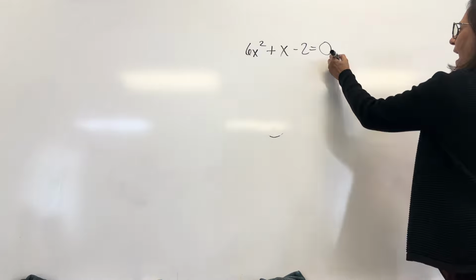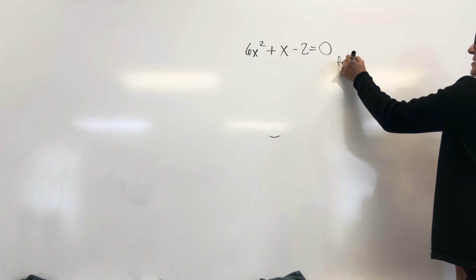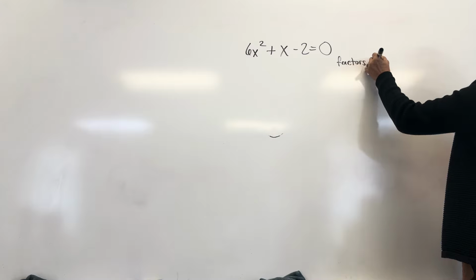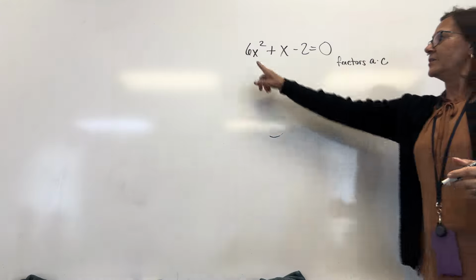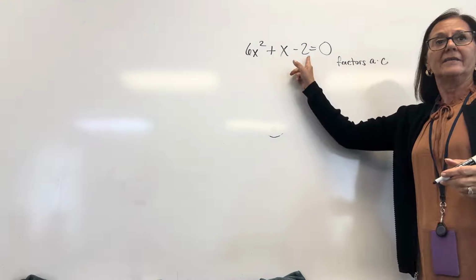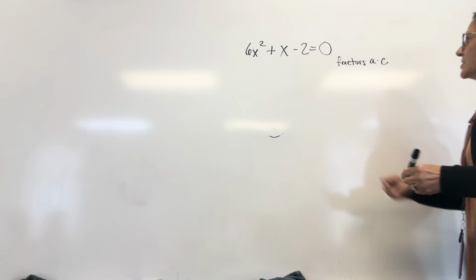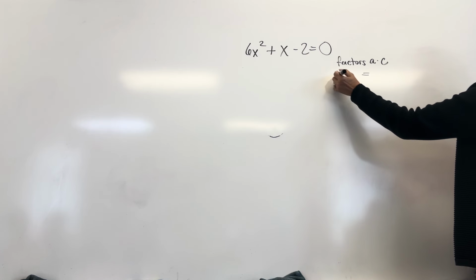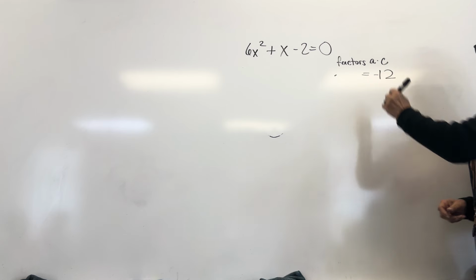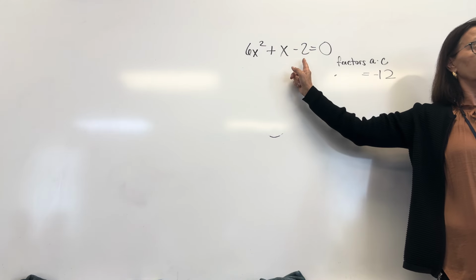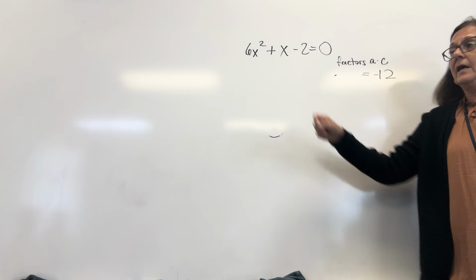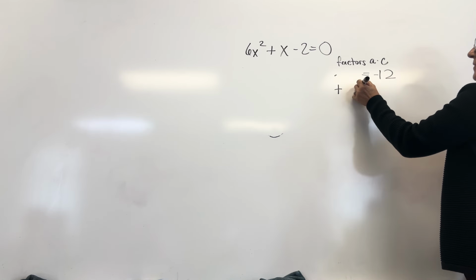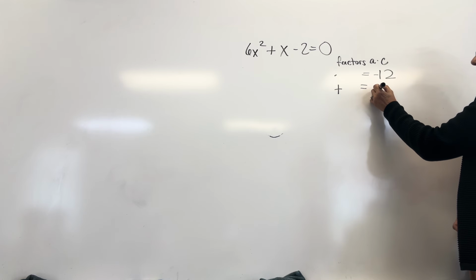All right, now we're going to look at factors of a times c. So that's a, that's b, that's c. So we're looking for factors of negative 12, 6 times negative 2. Got it? Such that we add them and the result is the b value, 1.